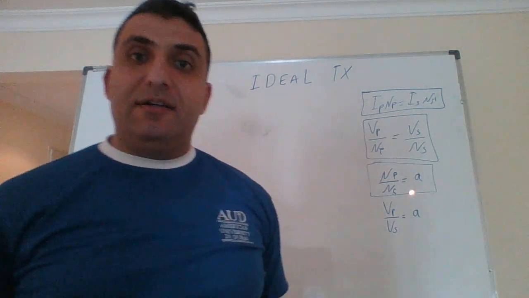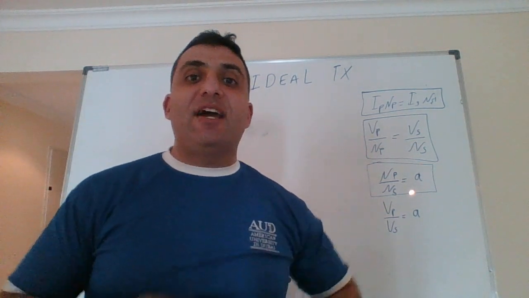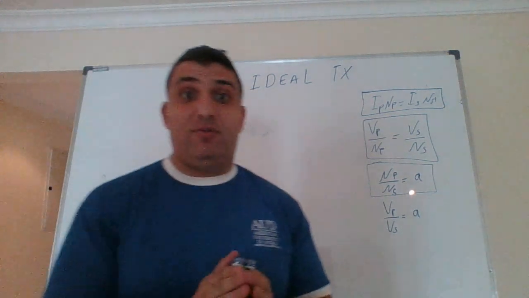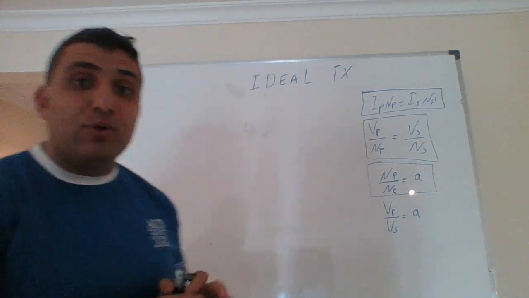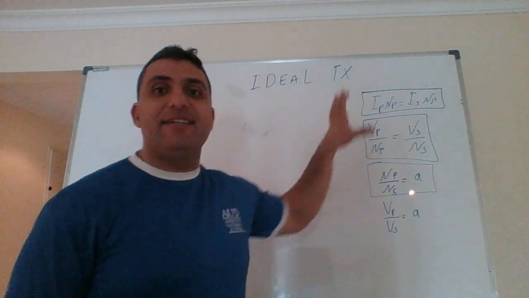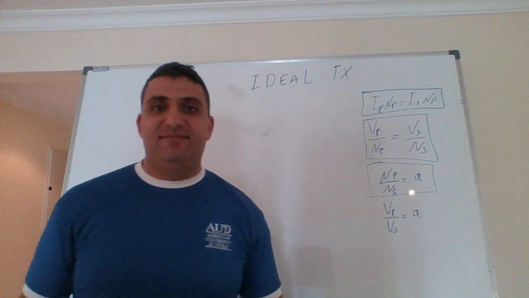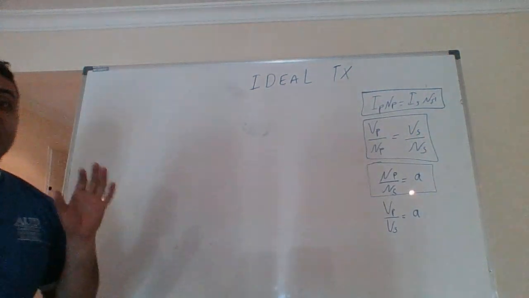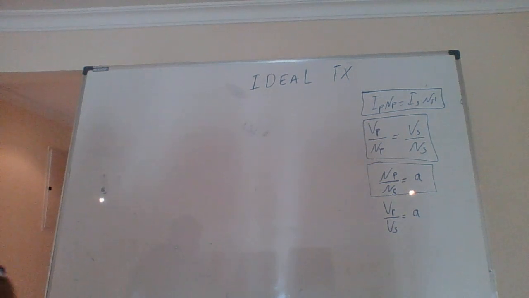For a transformer, an ideal transformer, the input complex power is equal to the output complex power. That's very, very important for us. The complex power entering the primary side equals the complex power leaving the secondary winding.